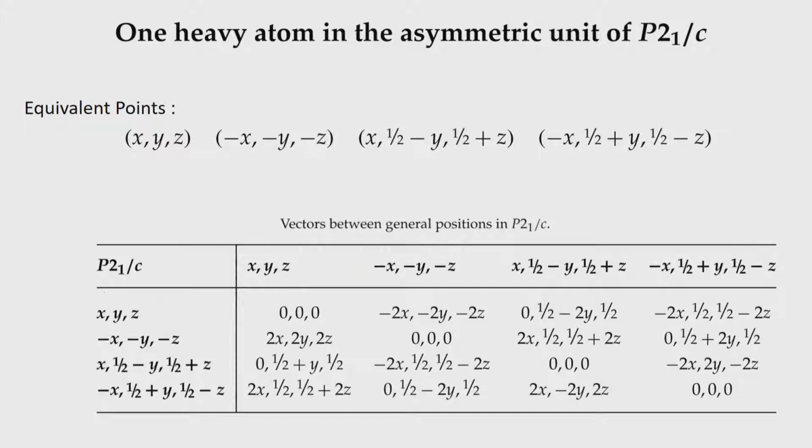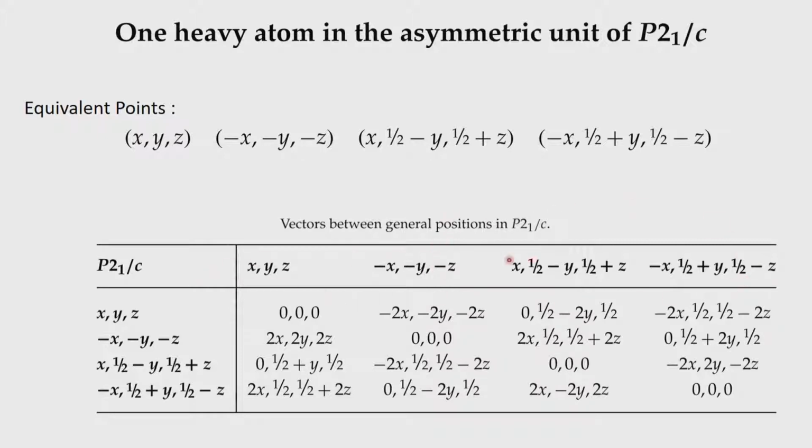So, if one looks at P21 upon C, we have 4 equivalent points. These 2 equivalent points are generated by the center of symmetry. These 2 equivalent points are generated by the center of symmetry. This to this is a glide operation. Then this to this is also incorporating the center of symmetry equivalent glide operation.